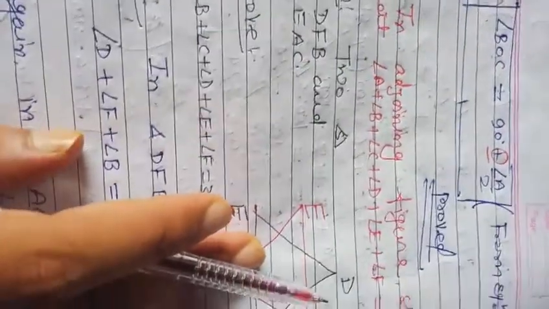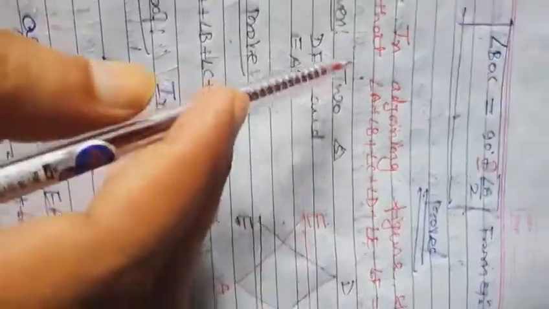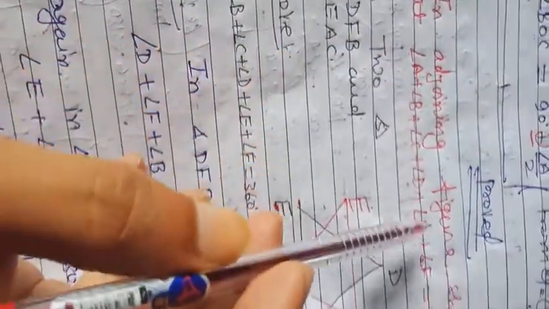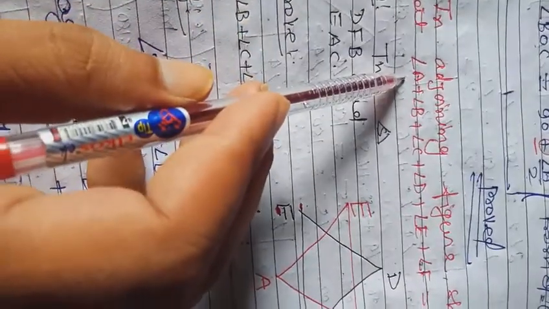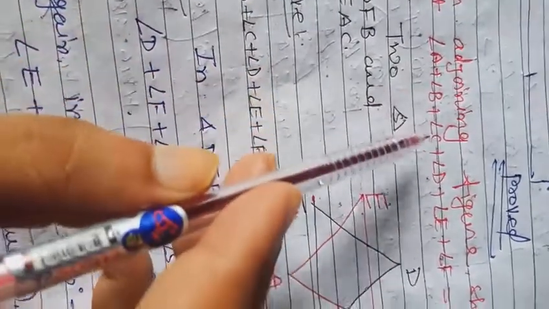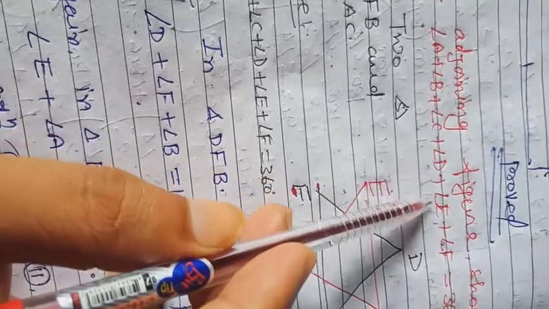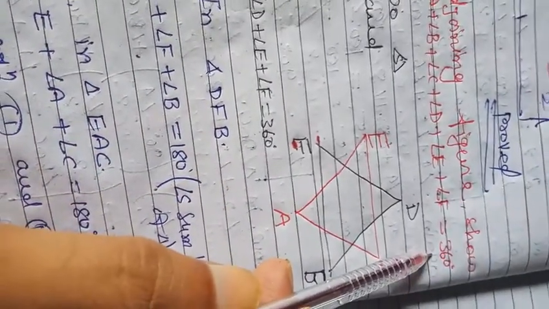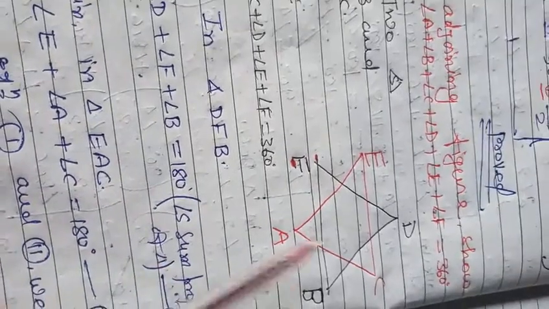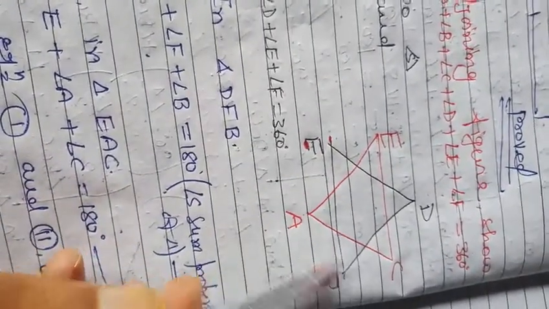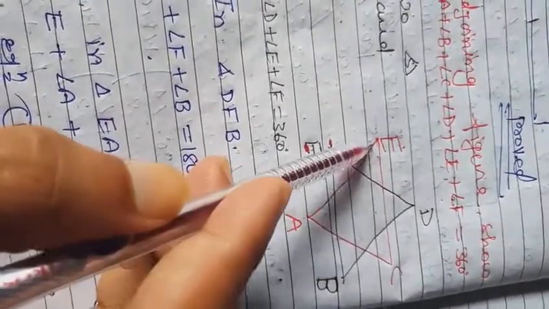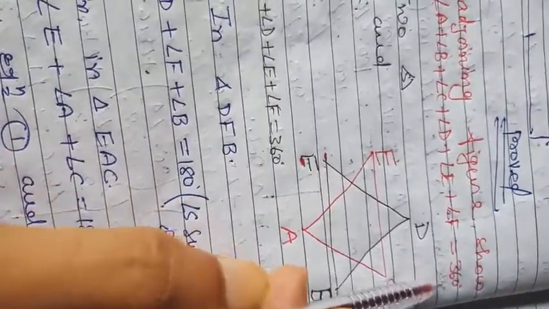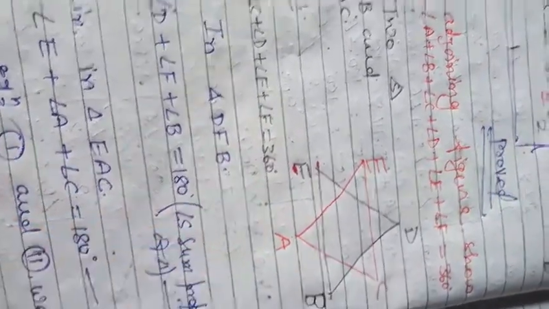Now our next question is, in the adjoining figure, show that angle A plus angle B plus angle C plus angle D plus angle E plus angle F is equal to 360 degree. Look here, A, B, C, D, E, F is equal to 360 degree.